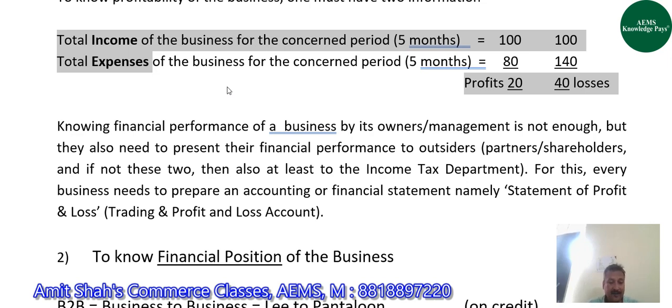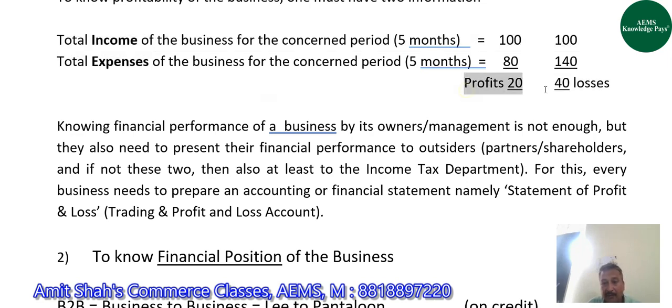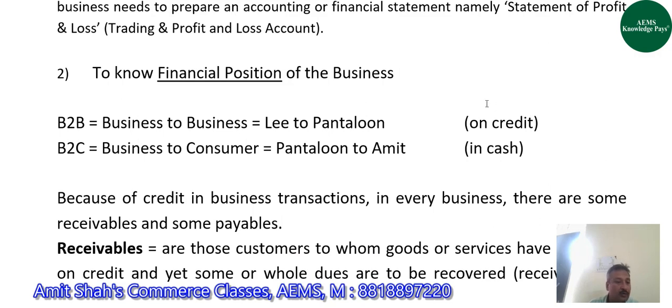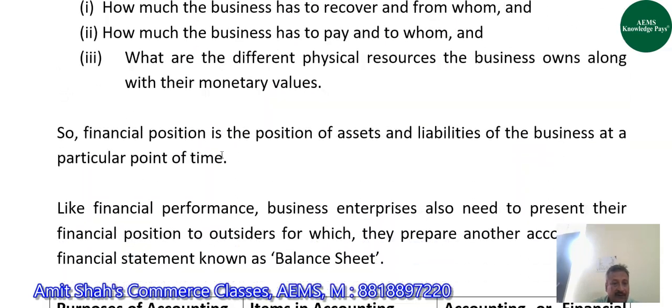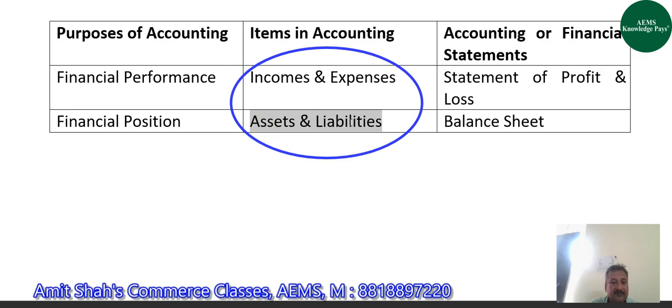So what we do exactly in accounting, in a nutshell, is we determine total income and total expenses, and with that we determine profitability of the business, which we present by preparing a statement known as statement of profit and loss or trading and profit and loss account. Correct? Through accounting, we also serve one more purpose: we get to know balances of our assets and liabilities.